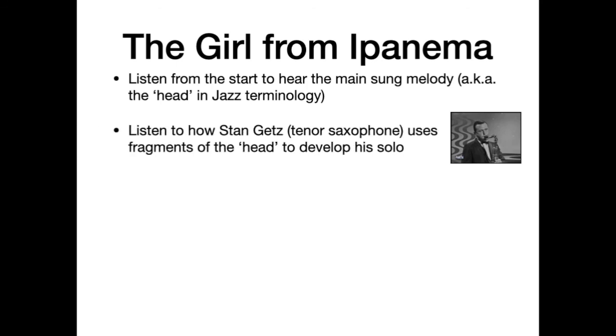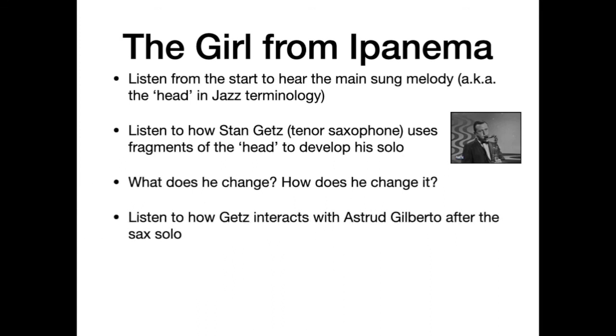Listen to how Stan Getz, who's the saxophonist there pictured, how he uses fragments of the head to develop his solo. What does he change? How does he change it? Then listen to how Stan Getz interacts with Astrud Gilberto, who is the singer, after the sax solo. Once again, what are the expressive outcomes achieved?